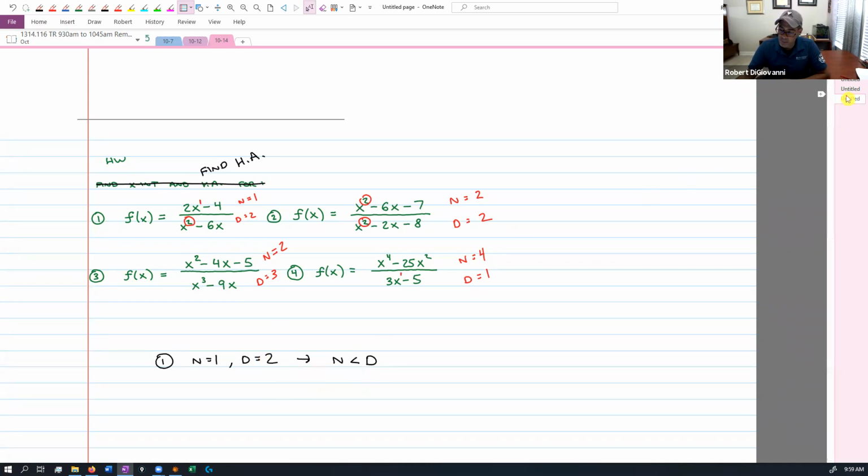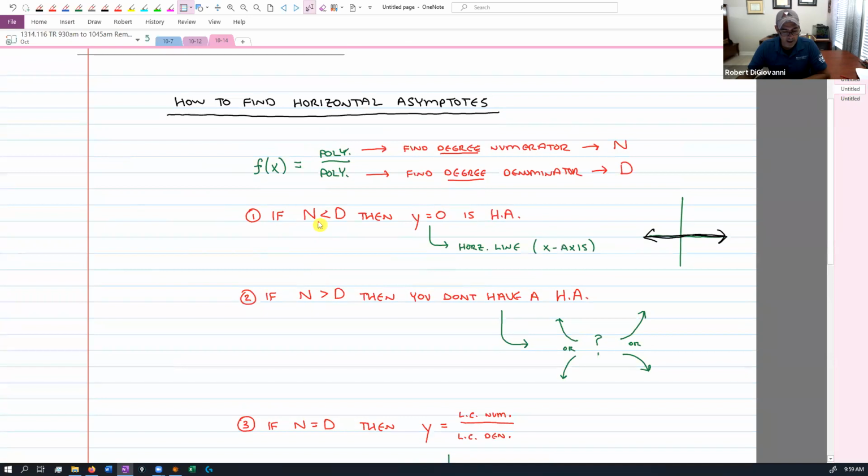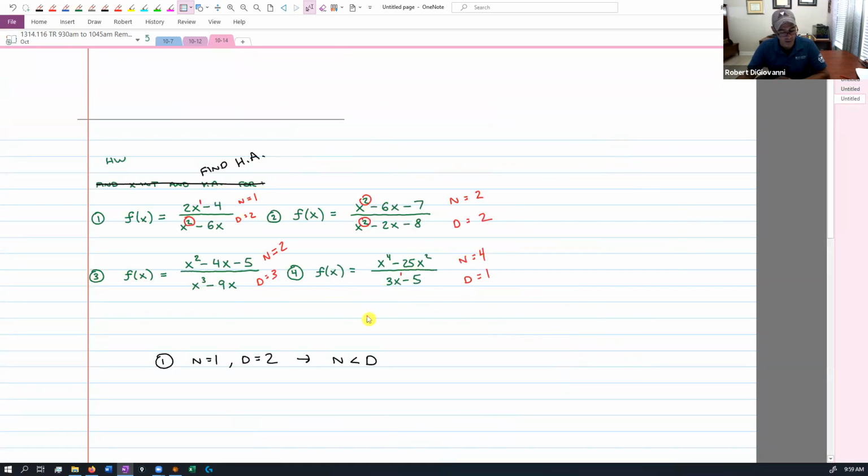And according to what I put here, if N is smaller than D, then we have a horizontal asymptote, and it's y equals 0, and we're done. So from this, I know that y equals 0 is my horizontal asymptote. Are there any questions on that? That's the easy case. Whenever the degree of the numerator is smaller than the denominator, it's always y equals 0, and we're happy.